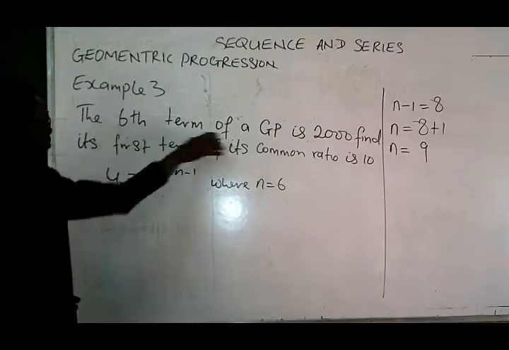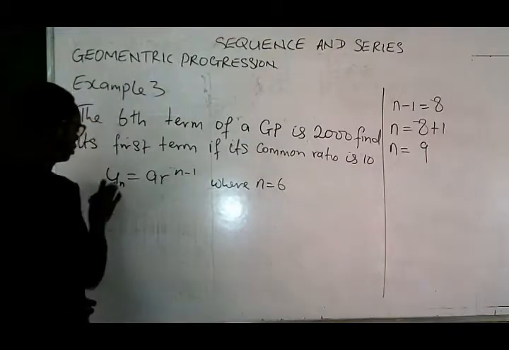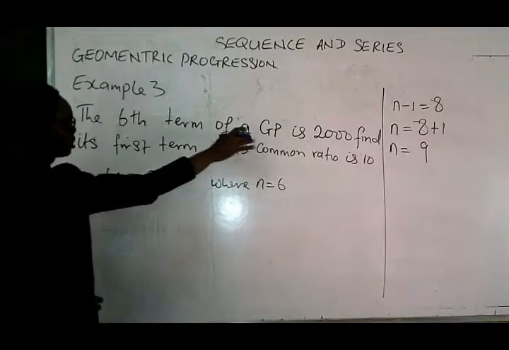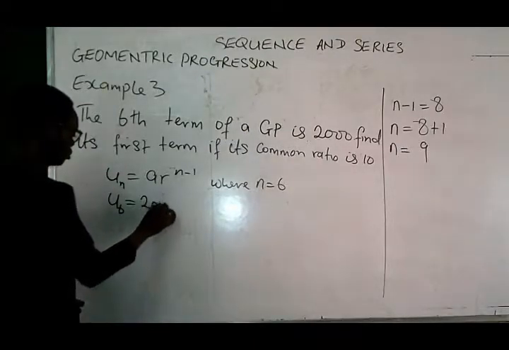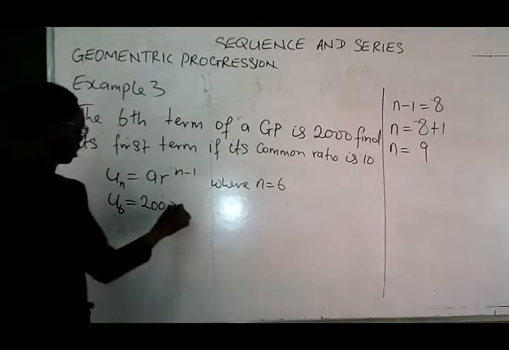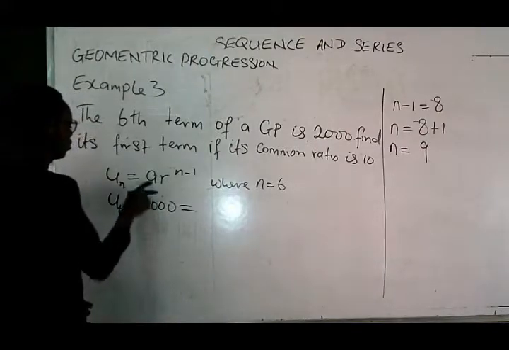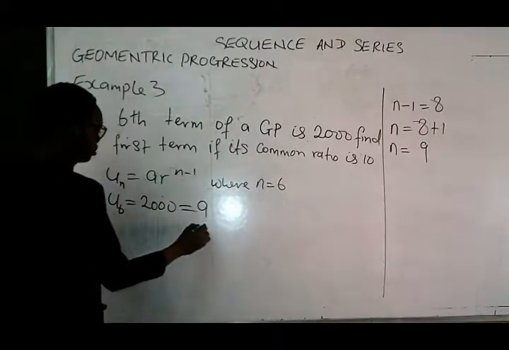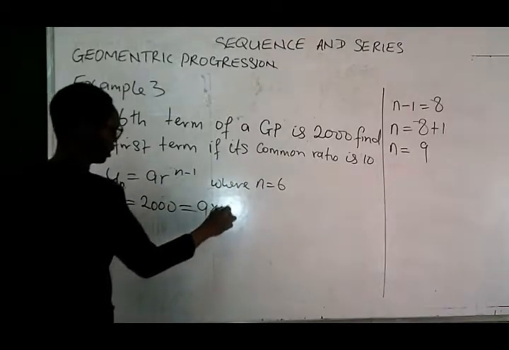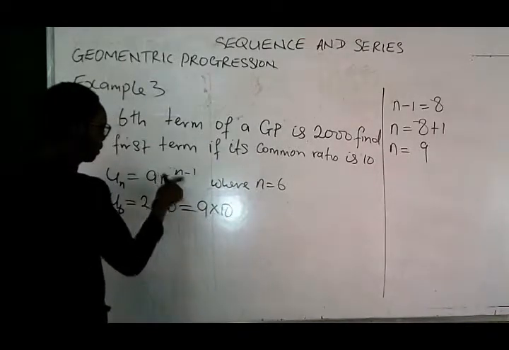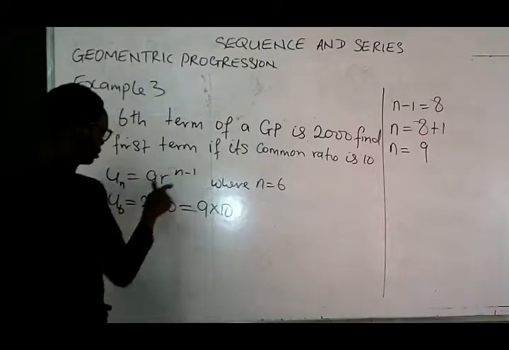The sixth term is 2000. Since the sixth term is 2000, therefore U6 equals 2000 and is equal to a, and the common ratio is 10, times 10 raised to the power n, where n is equal to 6.